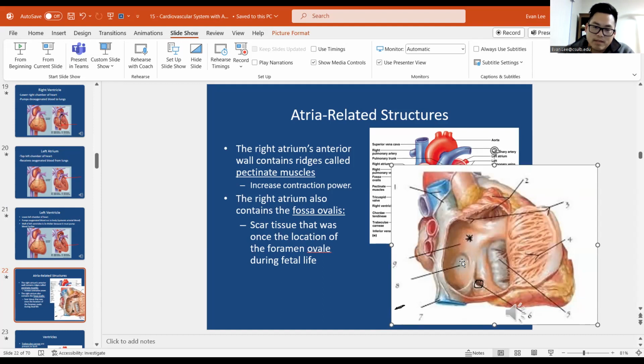So we don't have this anymore. But the foramen ovale used to be a hole because it's allowing as much blood flow to go between structures within the heart and so on. But for us, we need a very distinct separation between the oxygenated and deoxygenated side, the left and right sides respectively. So in this case, we fill that hole and we cover it with this fossa ovalis, which is still here, but definitely separating the sides.